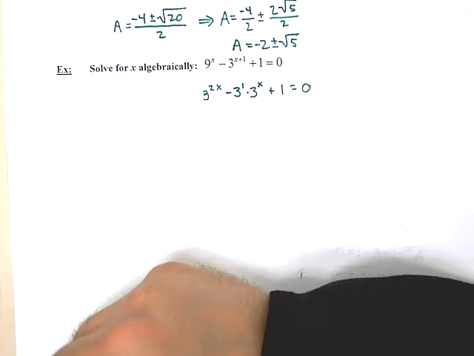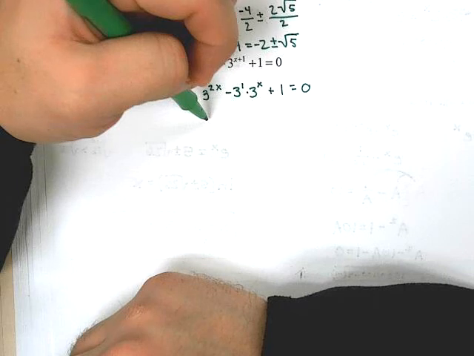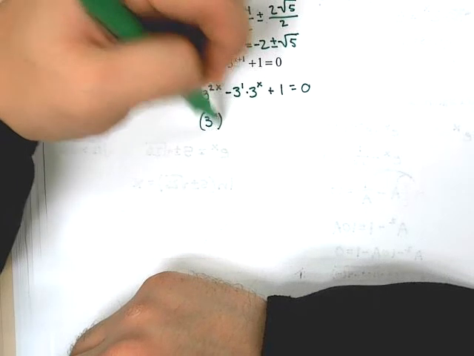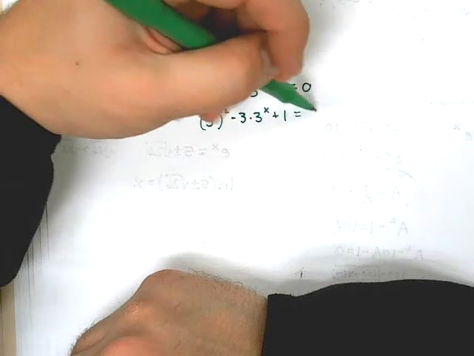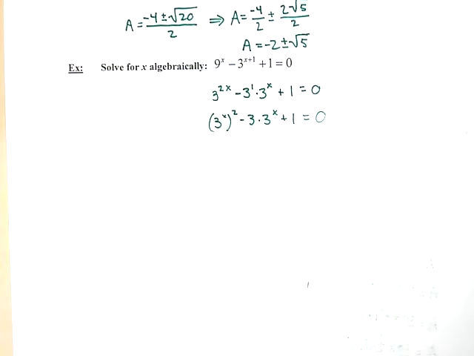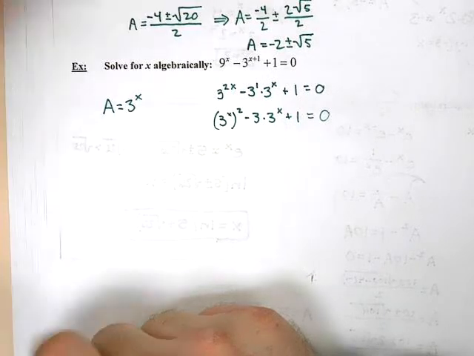Okay? So now, what's going on here? I would even go further and say this is 3 to the x squared minus 3 times 3 to the x plus 1 equals 0. Well, what am I going to put as my a? You guessed it, 3 to the x.